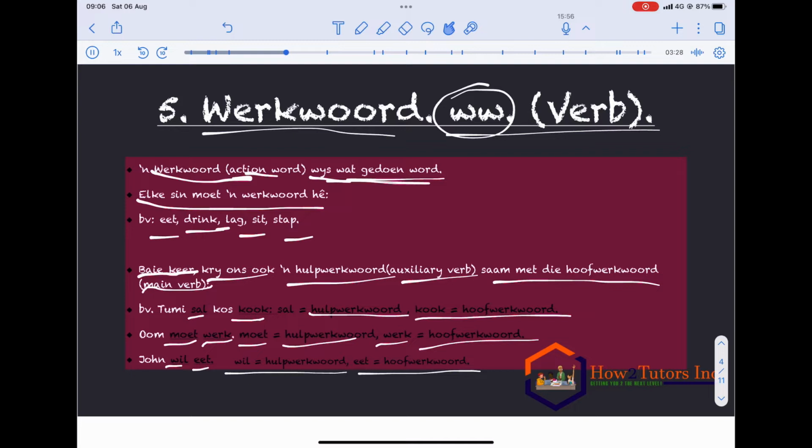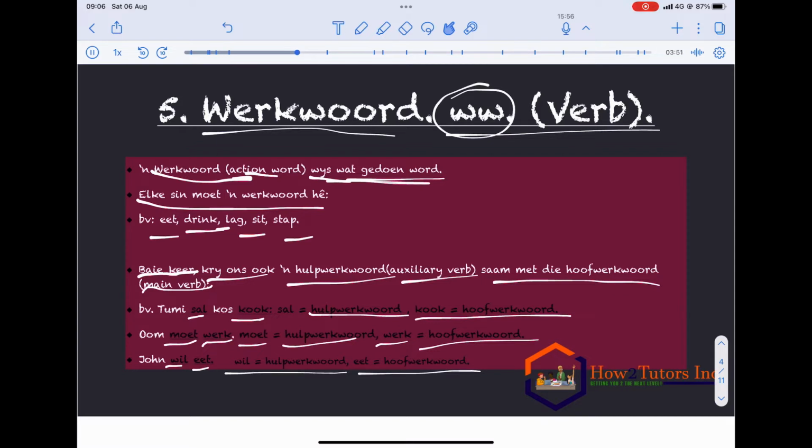That's how it works, guys. So always remember, if you get a sentence that has 2 verbs, know that the eerste werkwoord, the first one, will be your auxiliary verb, your helpwerkwoord, and then die laaste een of die tweede werkwoord gaan jou main verb wees.